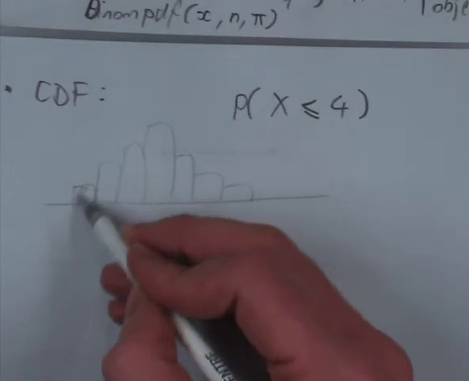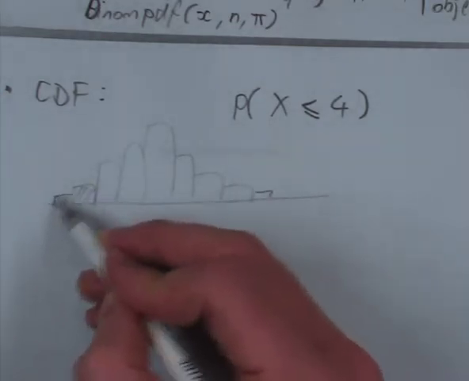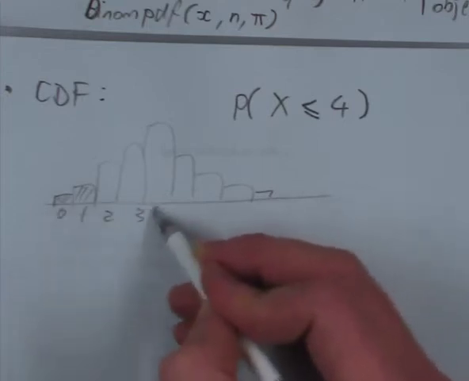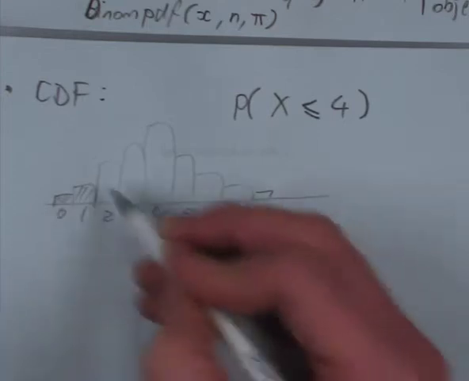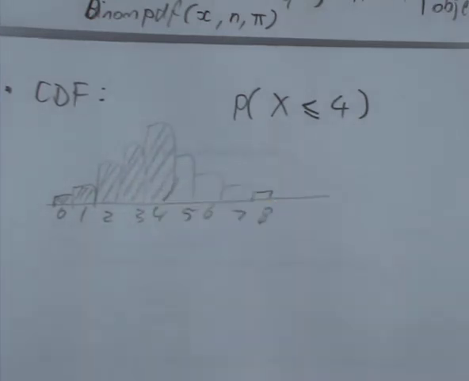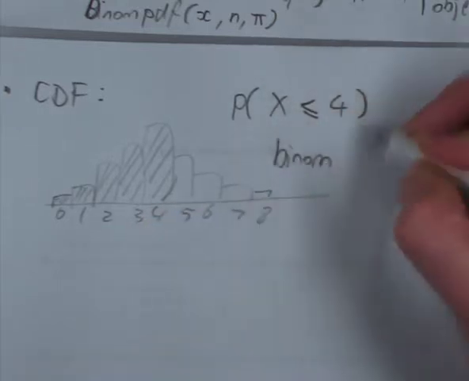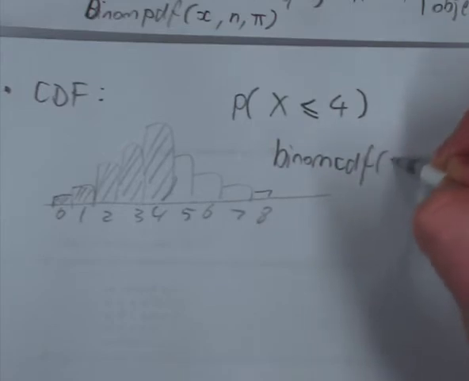So they start from 0 usually, don't they? 0, something like that. That would be adding up all of these probabilities, everything including 4. So this would be binom CDF for n, pi.